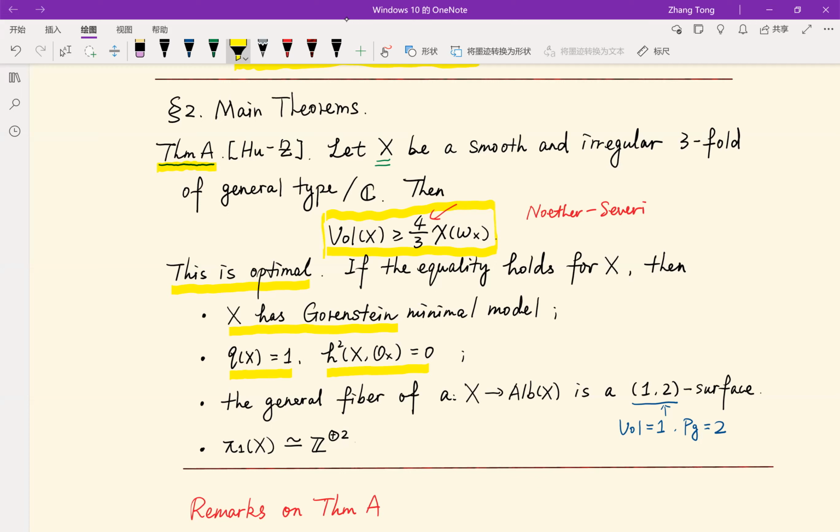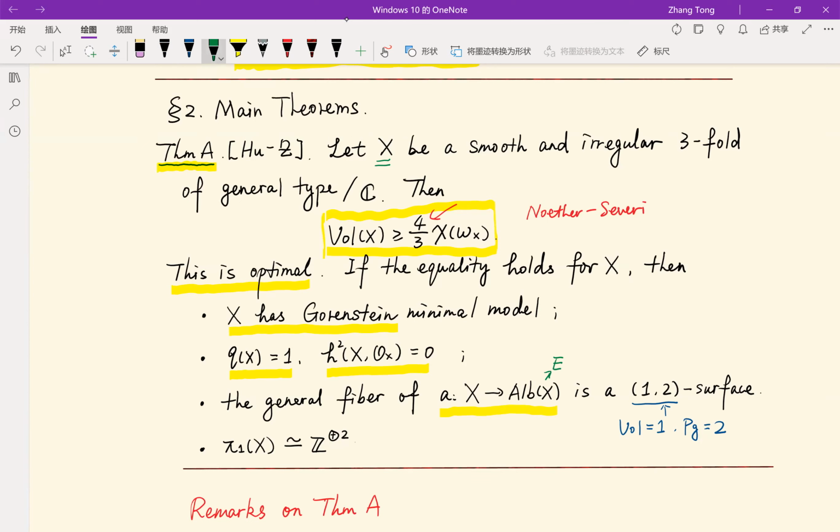This quantity is just the geometric genus if the variety is of dimension 2, but if the dimension is 3, it's usually not so easy to get information about the second cohomology. And the third property is that if we consider the Albanese fibration of X, note that the Albanese variety of X is again a genus 1 curve.